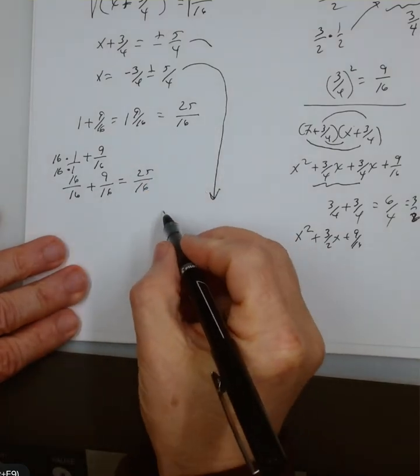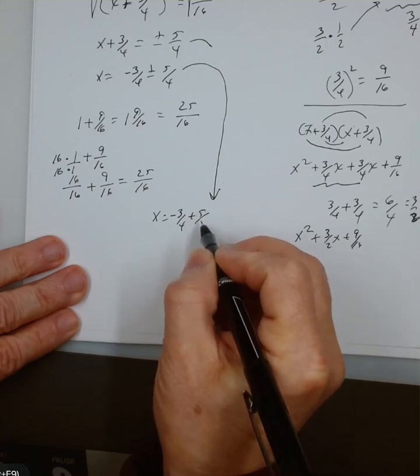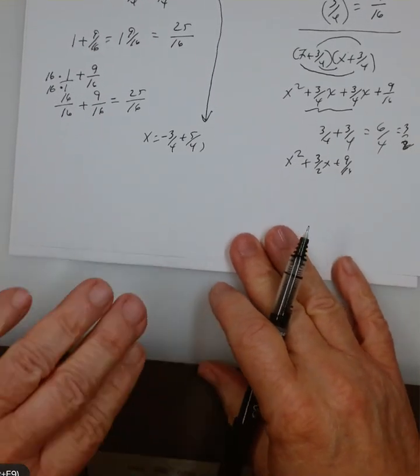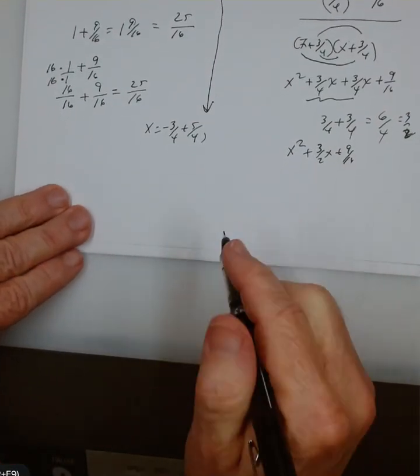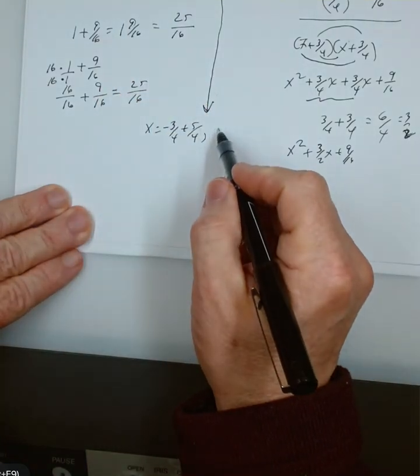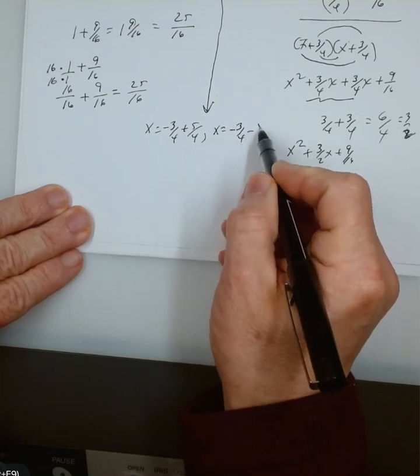So x equals negative 3/4 plus 5/4, and the other one is negative 3/4 minus 5/4. So x equals negative 3/4 plus 5/4, and then x equals negative 3/4 minus 5/4.